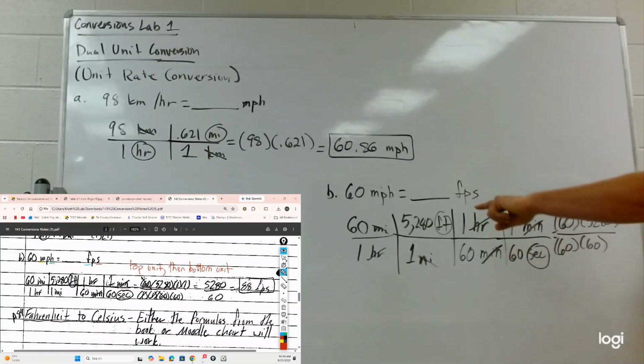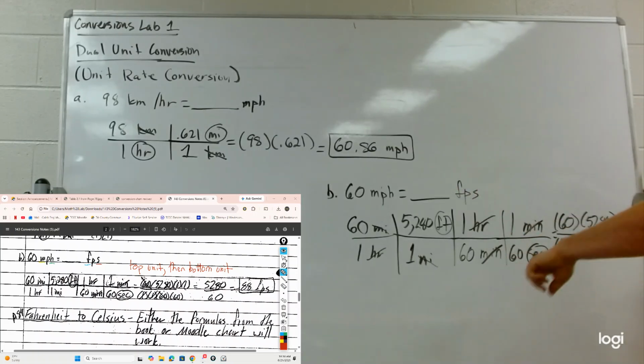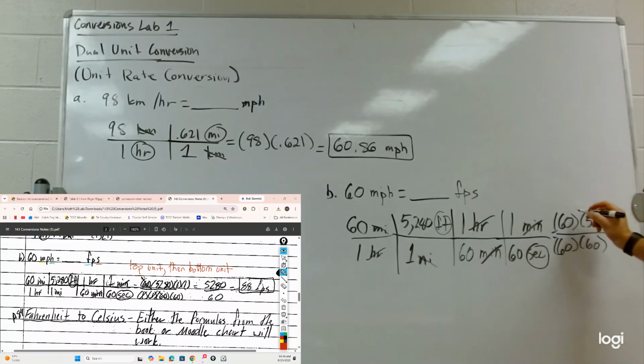That's the whole reason we can cross out miles, cross out hours, cross out minutes. We've got the same thing in the top and the bottom so we can get rid of it. I'm going to do the same thing here. I've got a 60 in the top and a 60 in the bottom that I can get rid of. And that will get me to the 5,280 divided by 60, which is going to be 88 feet per second.